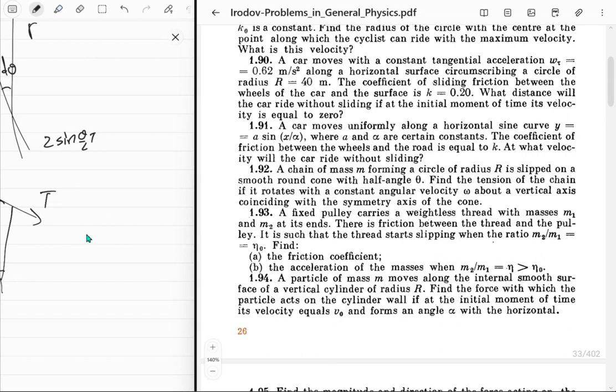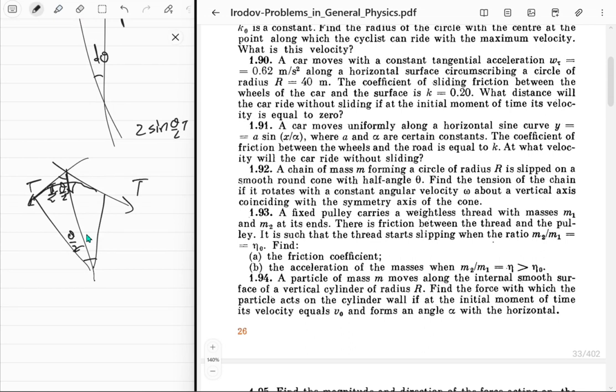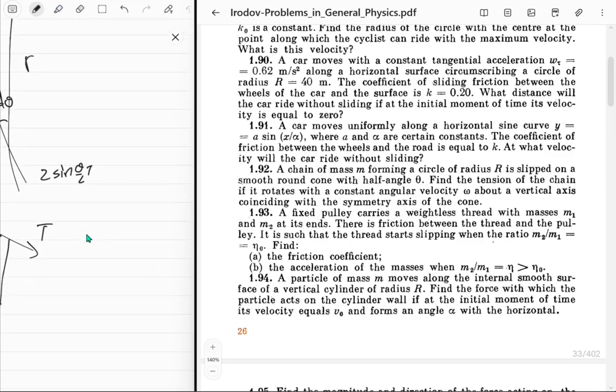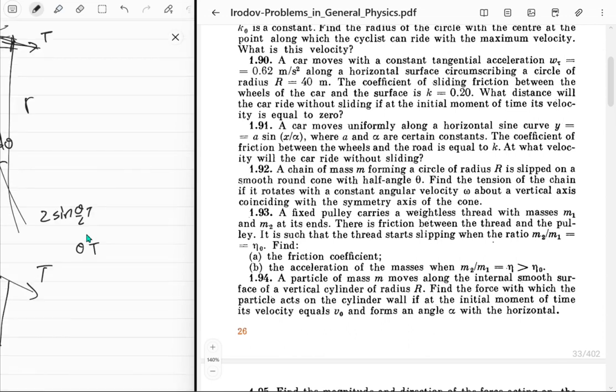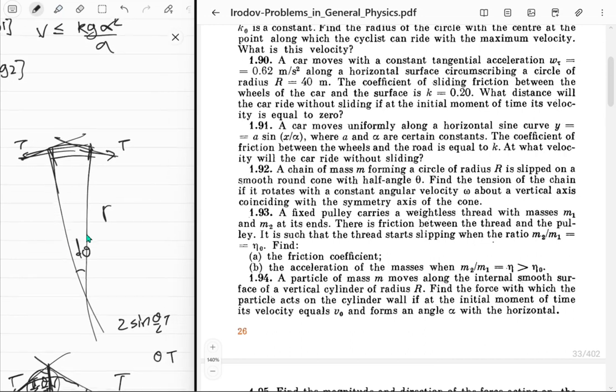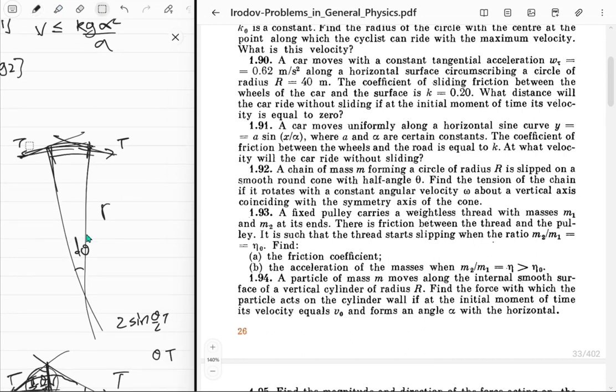I think I messed up somewhere. Sine of this angle is this and cosine is that, so yes, it is actually correct. For small angles, this is the same as theta times T, so the element feels a force of T d theta.